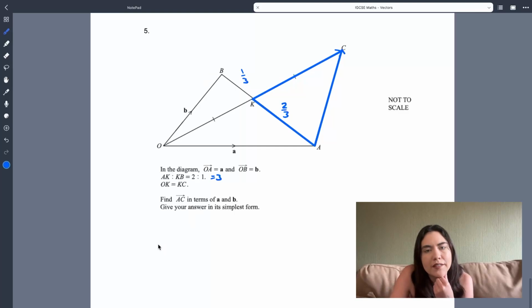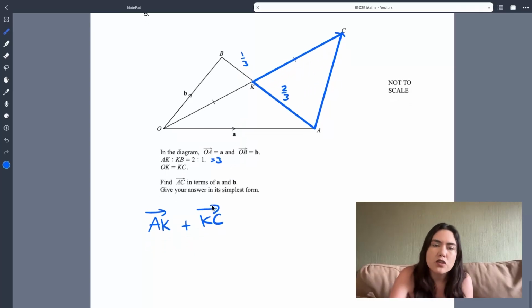So let's just write down what we're doing. We've got A to K, and then K to C. You could also go A to O and O to C. That's also an option. But I'm going to go the slightly shorter way.